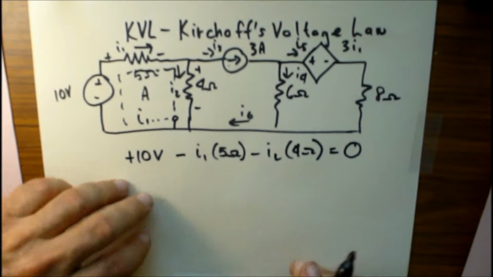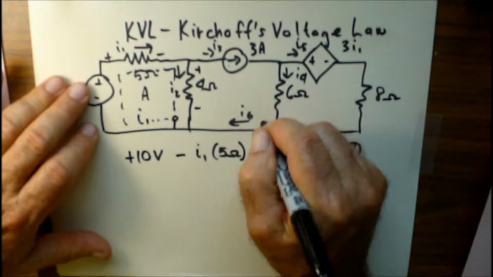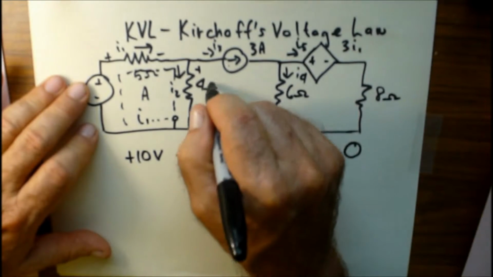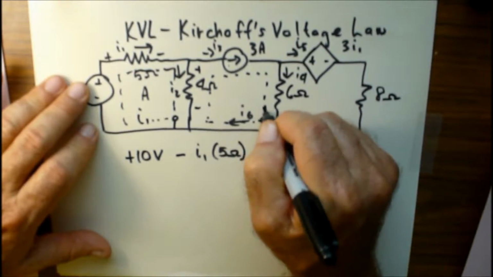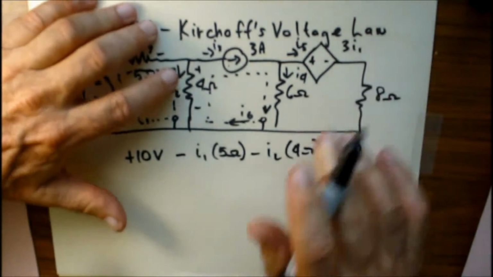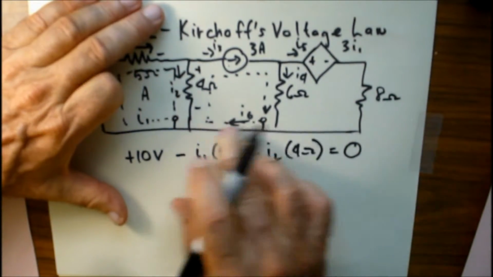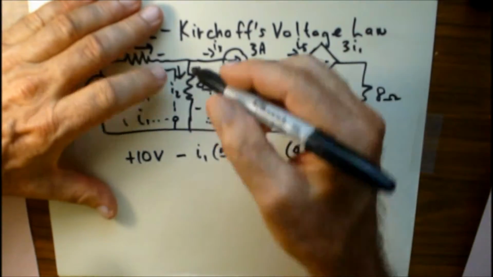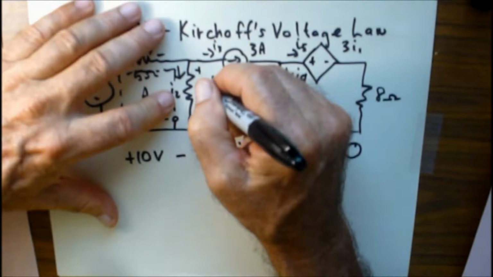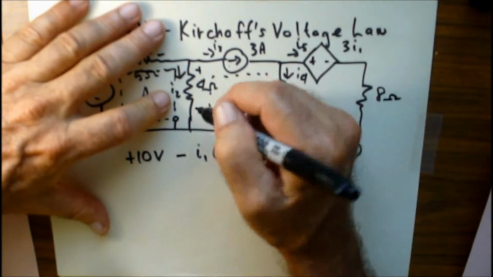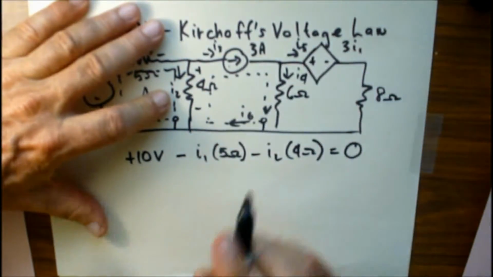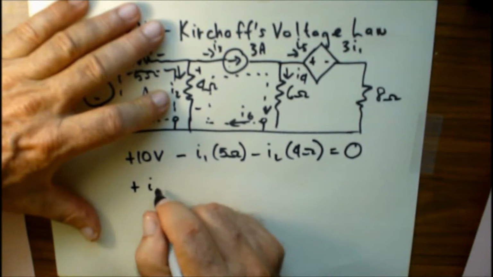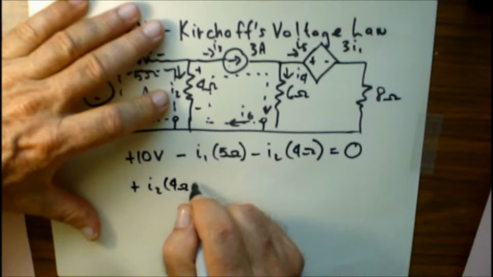And then what you will do is the same thing for the rest of these pieces here. We'll go in this circle right there and add up all those. So let's do one more. For example, this is I6, but we don't have any drop across here, so we can't get a voltage. Well, we have I2 times 4 ohms, and it's from minus to plus, so we're going up, so we're adding voltage, so that's plus I2 times 4 ohms.